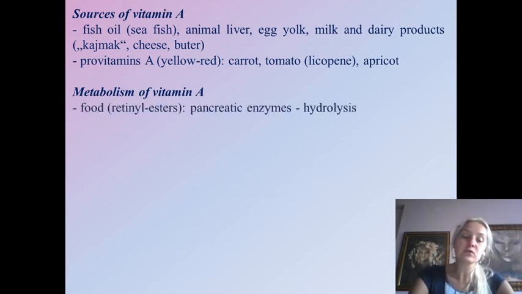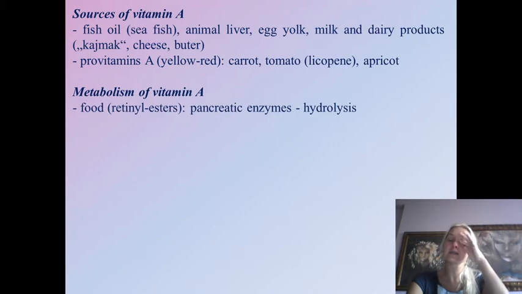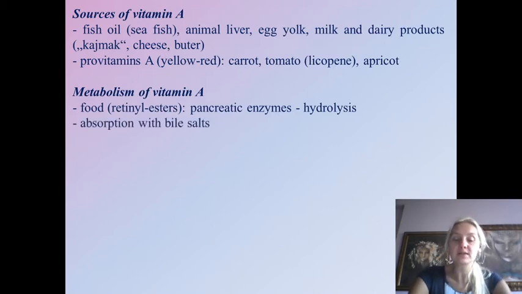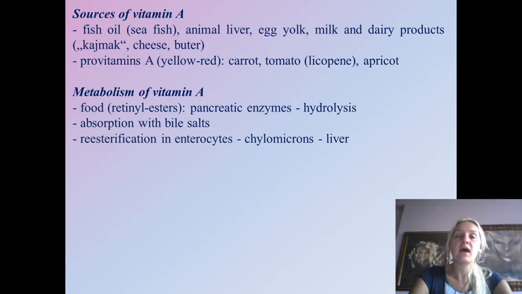Then it's absorbed together with other lipid digestive products in the form of micelles formed with bile salts. And in enterocytes, if necessary, reesterification occurs and vitamin A is incorporated in the form of chylomicrons. It enters the portal bloodstream and it's transported to the liver.